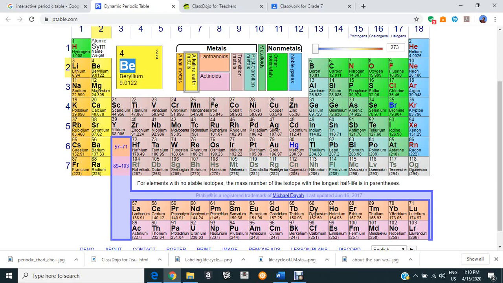If it is made of 2 letters, the first letter is always capital, all the other letters are supposed to be small, no exception. This is beryllium, and its mass is 9.0122. That is the average atomic mass.